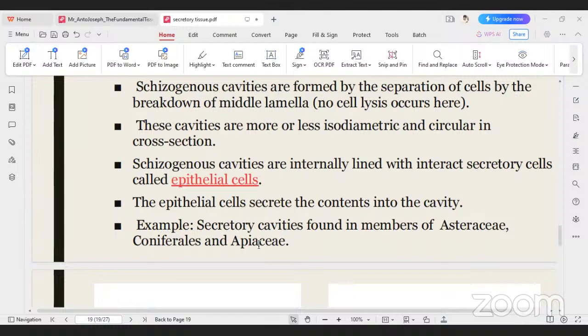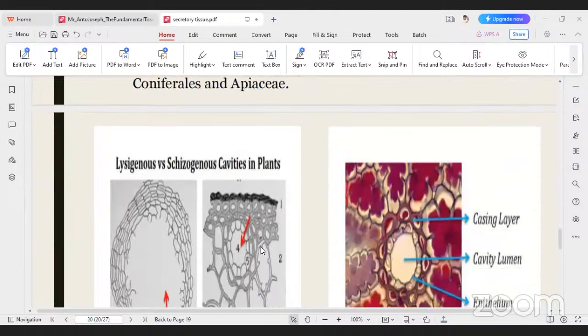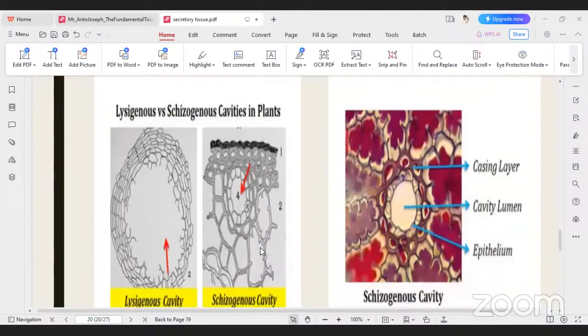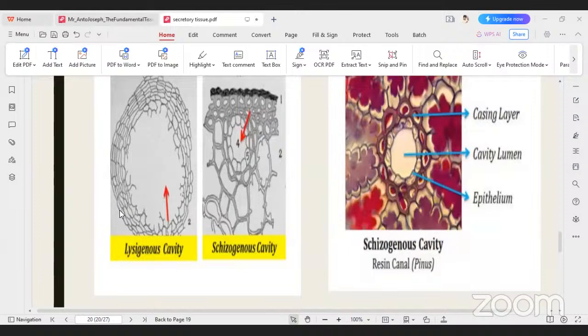So this is developed in schizogenous cavity. You can see the images of lysigenous cavity formation and schizogenous cavity formation. In lysigenous cavity, all the cells undergo lysis, leaving an empty place. In the schizogenous cavity, number 4, there is gradual increasing.